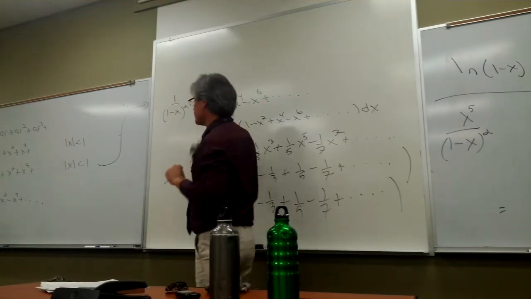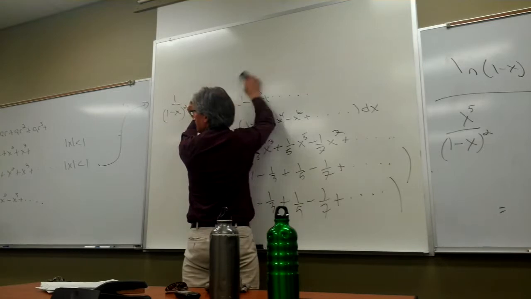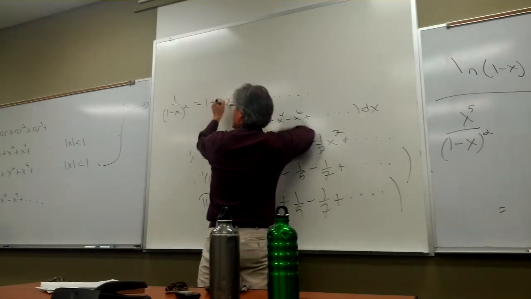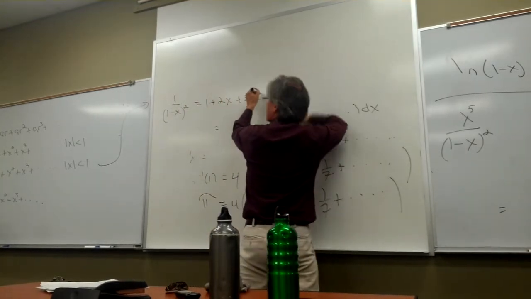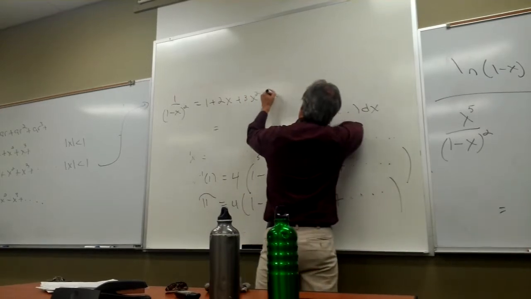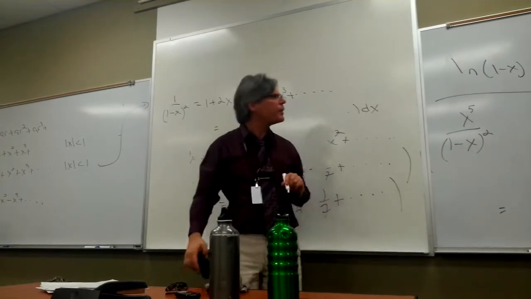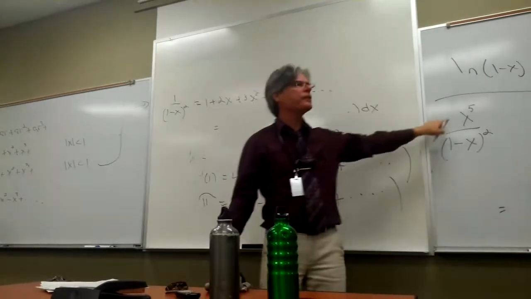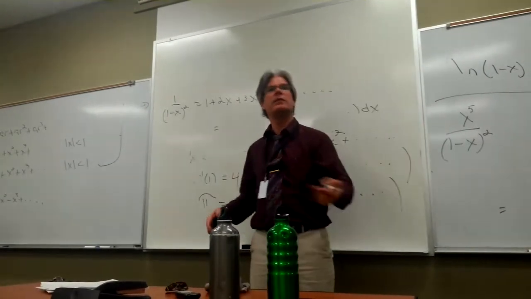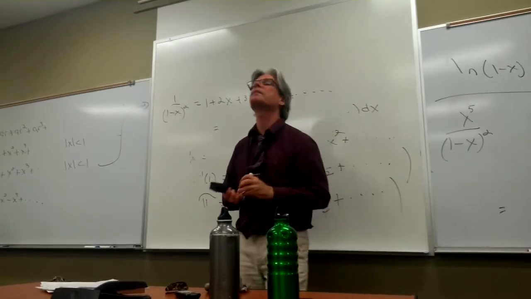I think I'm correct. But differentiating the right-hand side, you get 1 plus 2x plus 3x squared plus 4x cubed, et cetera. Oh shoot, that's not what I wanted, is it? I lost the x to the fifth. So what am I doing? Multiply both sides by it.